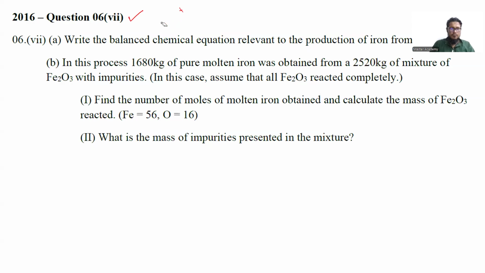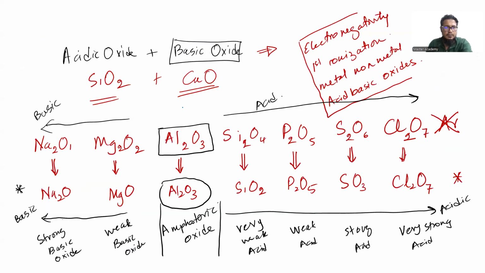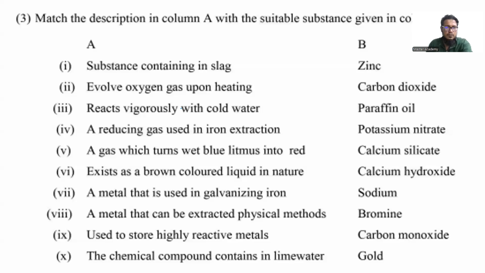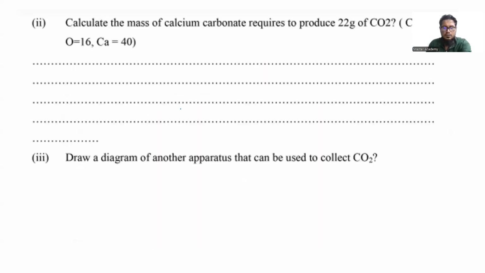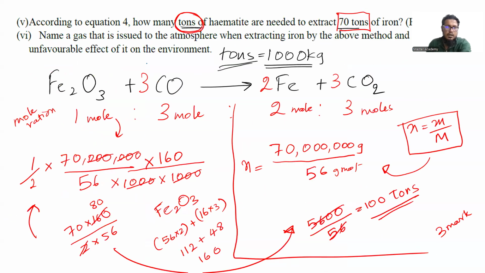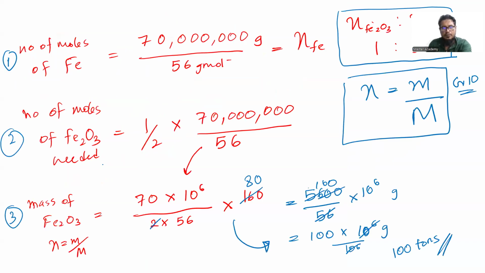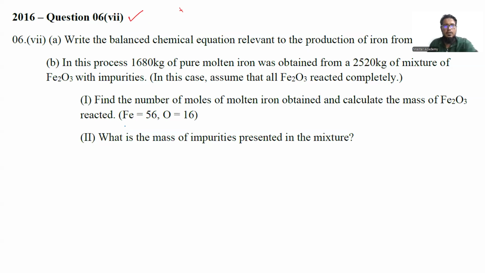Question 6. Here the gas is carbon dioxide, and the condition caused by it is global warming. Write the balanced chemical equation relevant to the production of iron from Fe2O3.